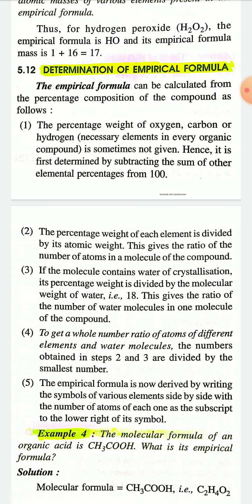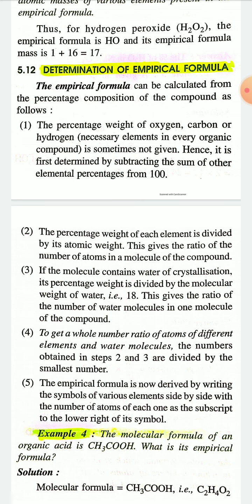If the percentage composition of any element is not given, then you have to subtract the sum of the percentage mass of the other elements from 100. So the percentage mass of each element present in the compound will be given.